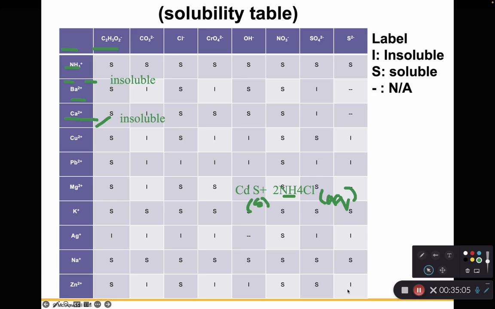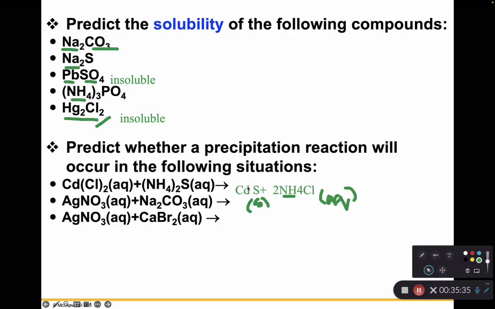Oh, cadmium was not here. Sorry, I chose an example that is not shown here. But cadmium sulfide will be an insoluble one, because generally sulfides are insoluble except the ammonium ones and except the sodium, potassium, group 1A. So cadmium sulfide is insoluble. So now we write solid. This is a lowercase s in the physical state.